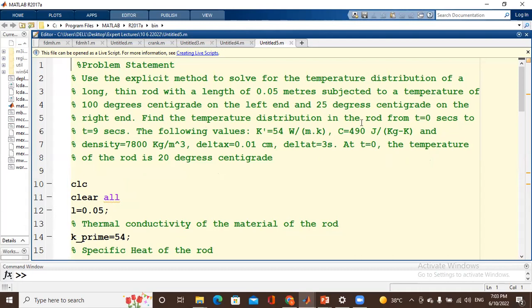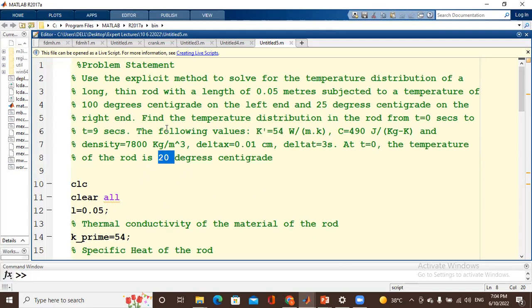Find the temperature distribution in the rod from t equal to 0 seconds to t equal to 9 seconds. The following values: k is 54, c is 490, and the density is 7800. Delta x is 0.01 centimeter, delta t is 3 seconds. At time t equal to 0, the temperature of the rod is 20 degrees centigrade.